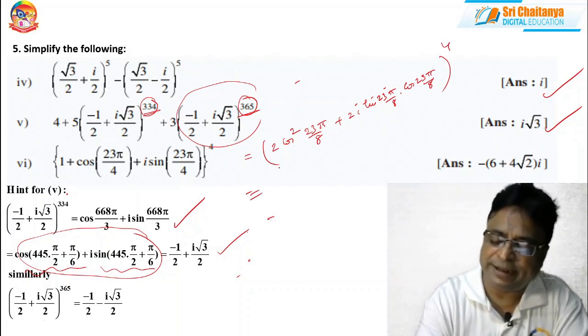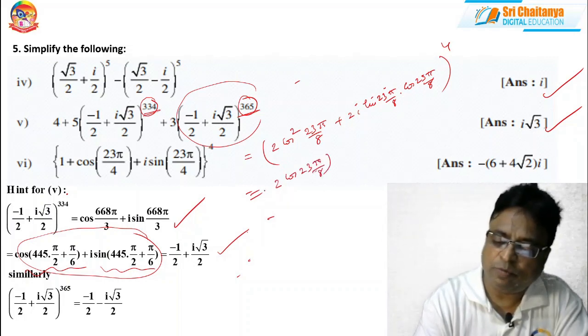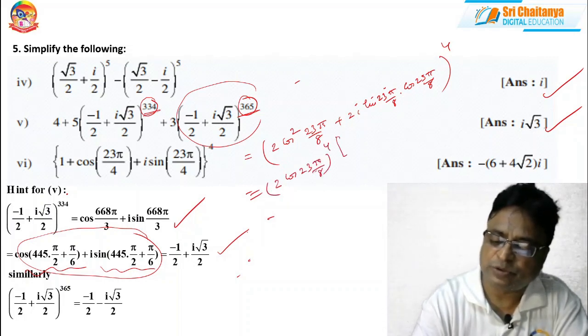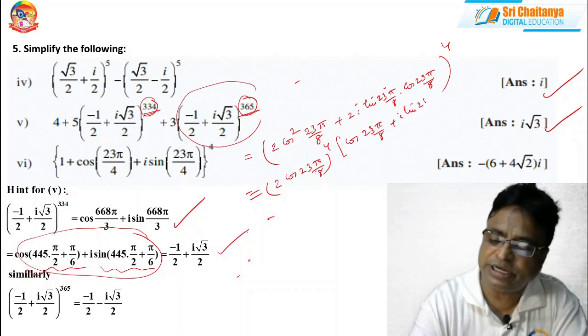Now you take 2 cos 23 pi by 8 common, so it is cos 23 pi by 8 plus i sin 23 pi by 8, whole power 4.